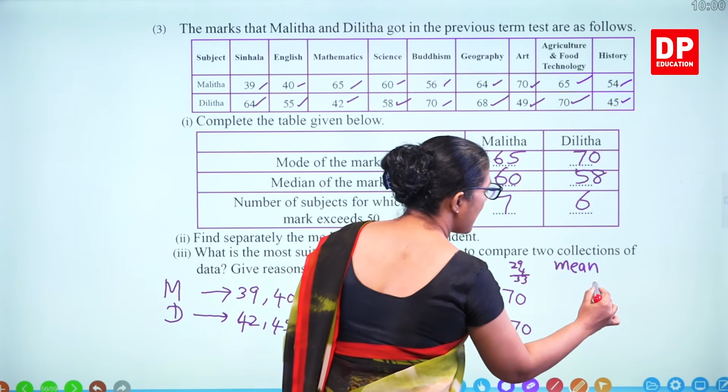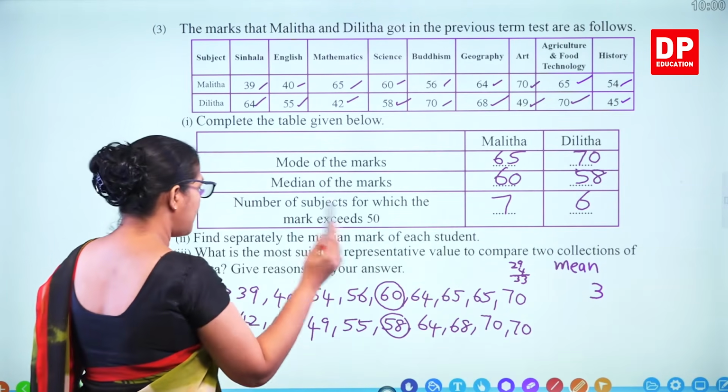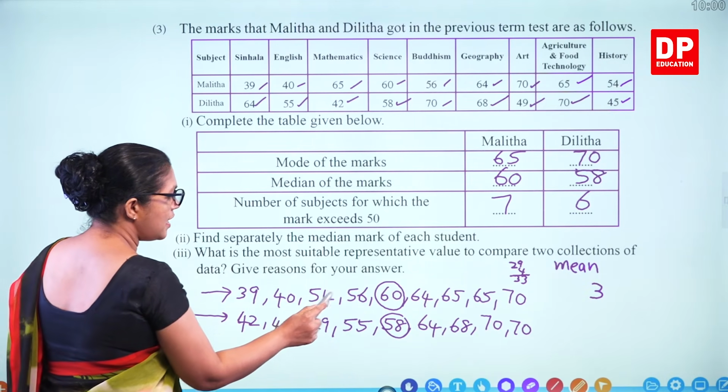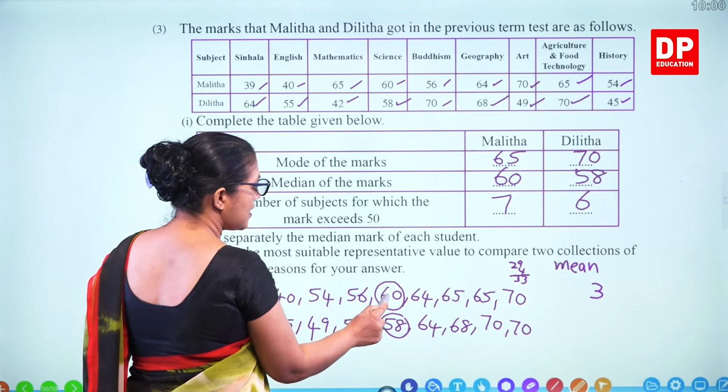So 3 is there and 3 remaining. 6, 10, 15, 20, 26.